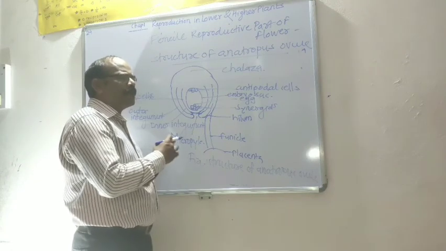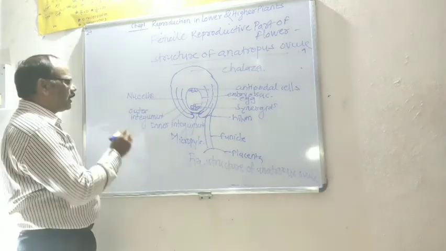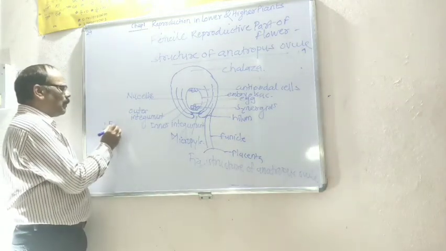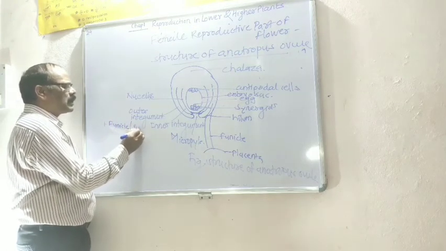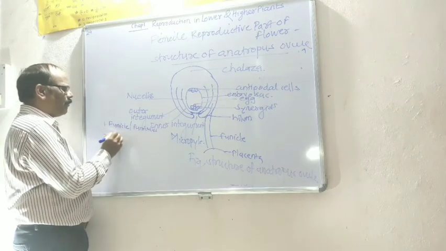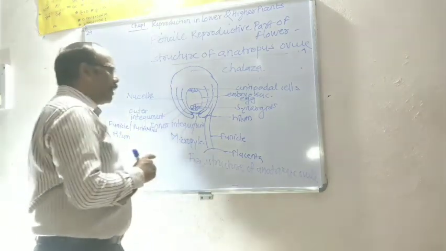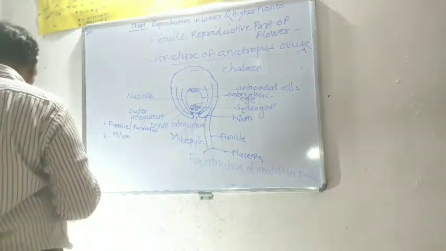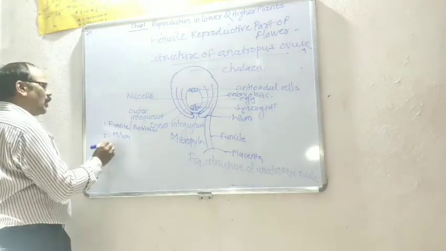This ovule consists of different parts. First is the funicle, also called the funiculus. The next is the hilum, nucellus, integument, micropyle.